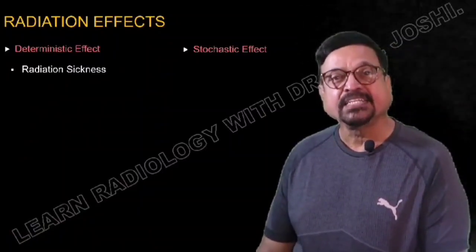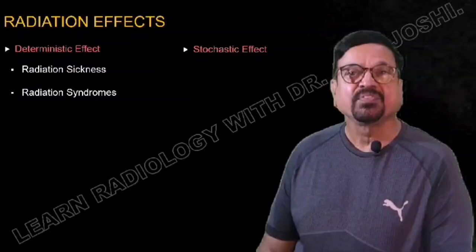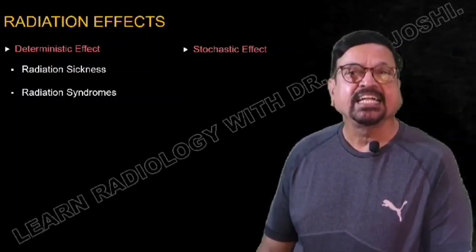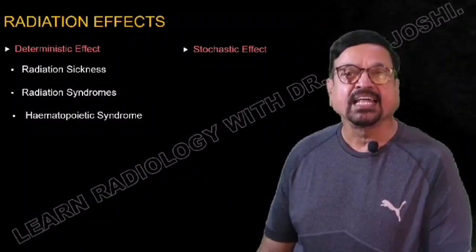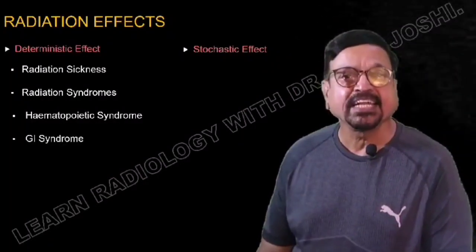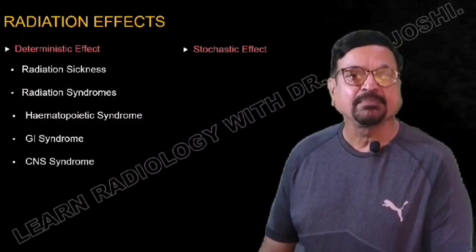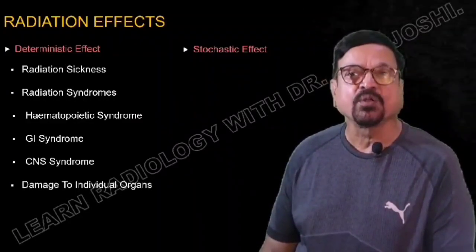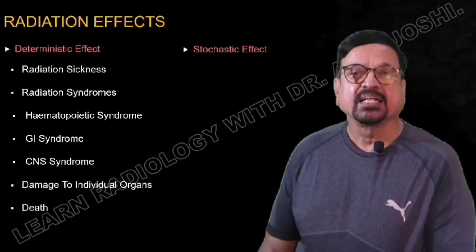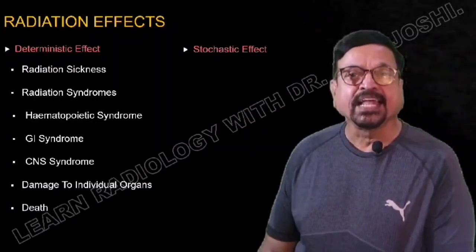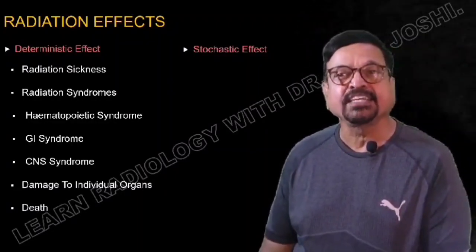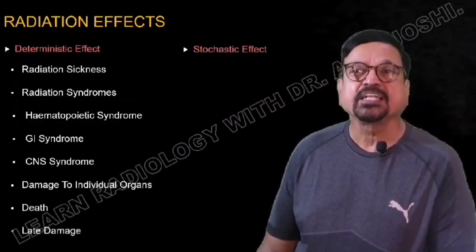Now, what are the radiation effects? One is the deterministic effect. What are the deterministic effects? Radiation sickness, radiation syndrome, then the hemopoietic system can get affected, that can lead to anemia, then GI and CNS syndromes. Then damage to individual organs can occur. It can even lead to death, but that much radiation is never given to anybody, nor can anybody face it.